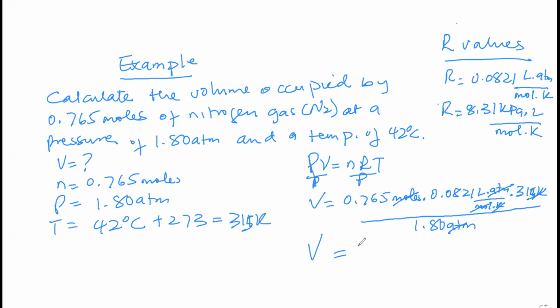So this is three significant figures. The answer will be in liters. That's the volume, 11.0 liters, the volume occupied by this many moles of nitrogen. So it's 11.0 liters. So that's the example of an ideal gas law calculation.